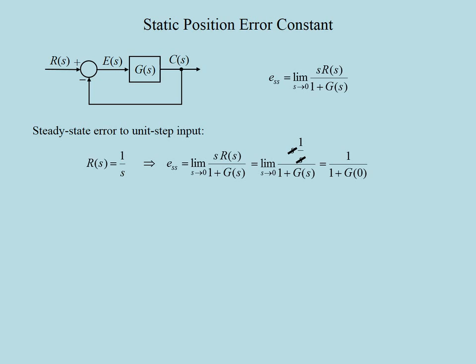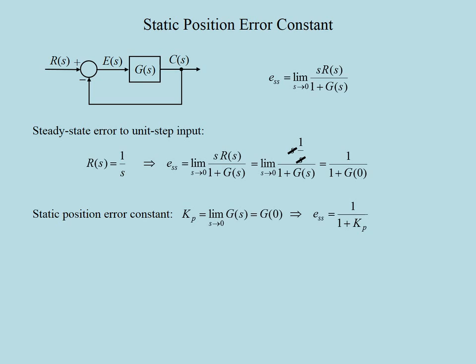At this point, to simplify the notation even further, let us define the static position error constant, that is Kp, as the limit as s goes to 0 of G(s). In other words, G(0). So the steady-state error becomes 1 over 1 plus Kp.